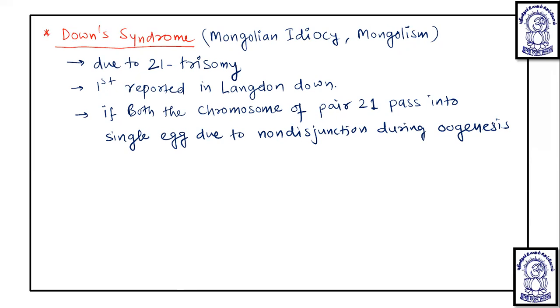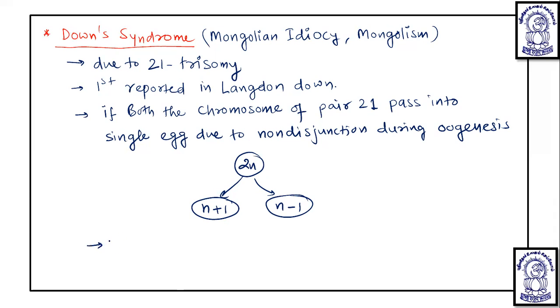But here, what is happening? The 21st pair are not going to separate, and they remain with each other and enter only one egg cell at a time. So if it is a diploid cell and non-disjunction occurs, then one gamete will have n plus one, and another n minus one gamete will be obtained.